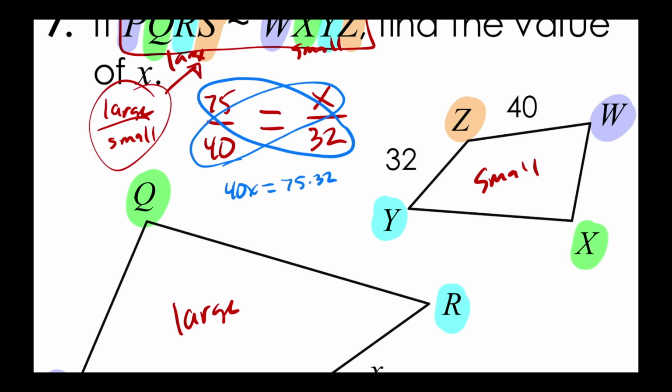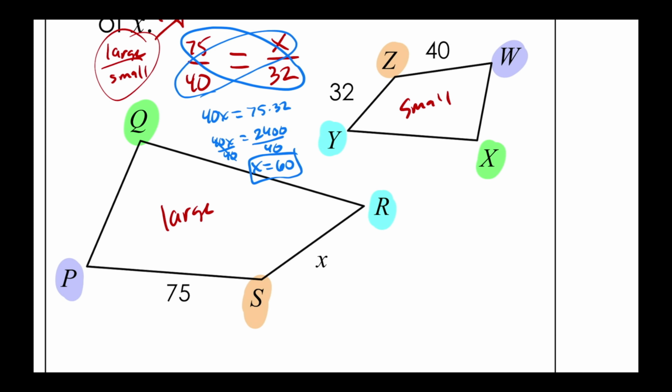What is 75 times 32? That's 2,400 equals 40x. Now divide both sides by 40. X equals, use your handy dandy calculator, 60. So this side equals 60.